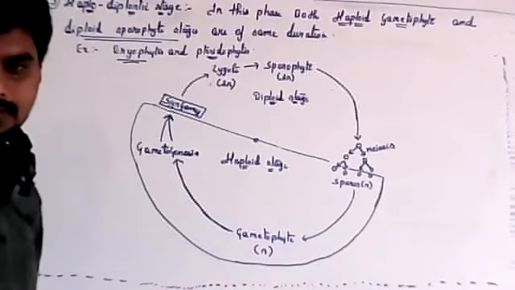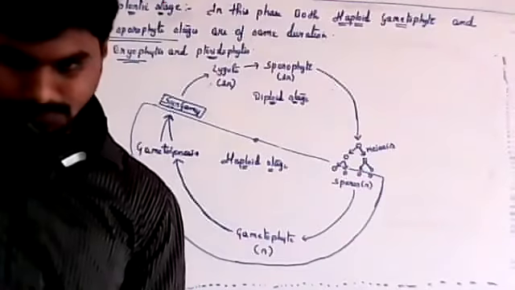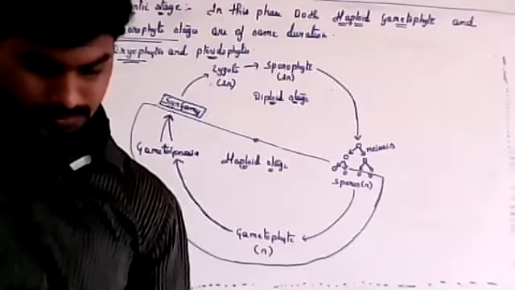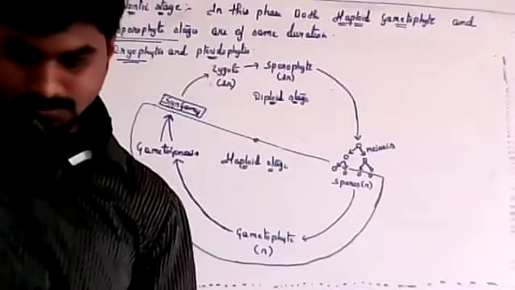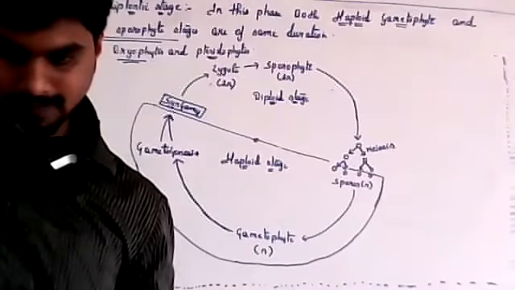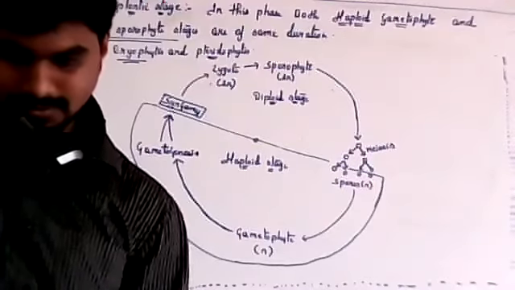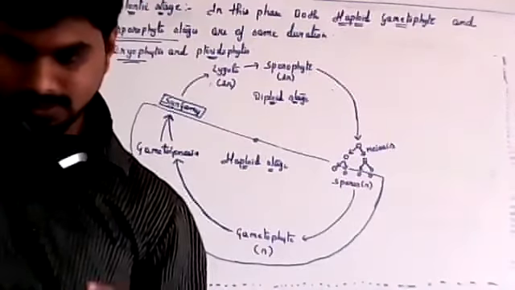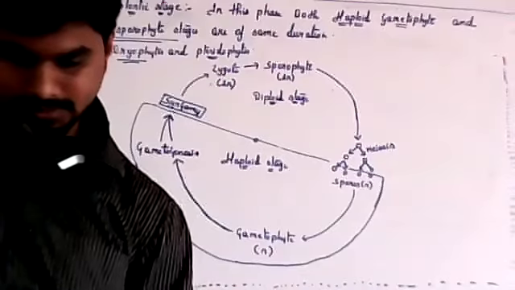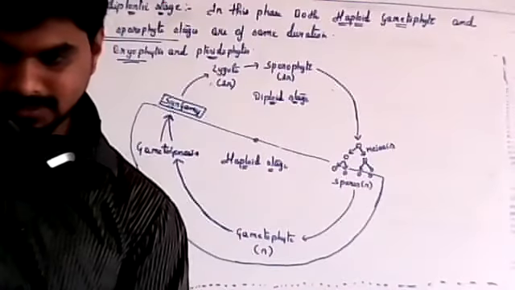Haplodiplontic life cycle. The second chapter is done for you. Second chapter, biological classification. Half is done. So what to do? Not done? Shravan, I'll start from the beginning.